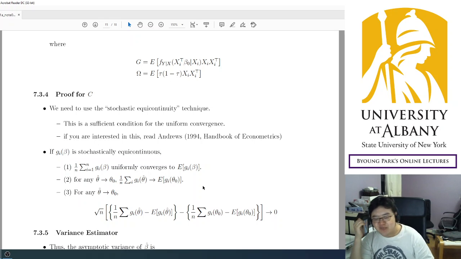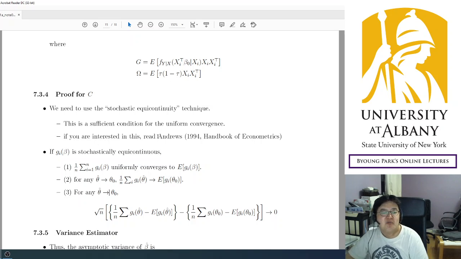Even when I took this course at Yale from the statistics department, Professor David Pollard, who was one of the inventors of this theory, said he could not understand some parts of this proof. So I gave up.